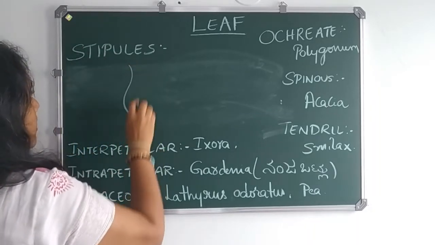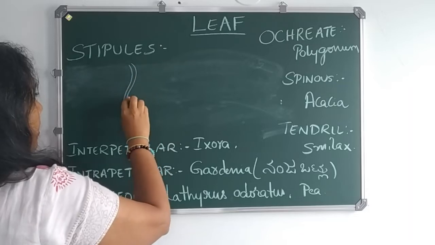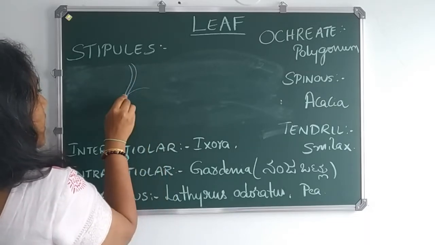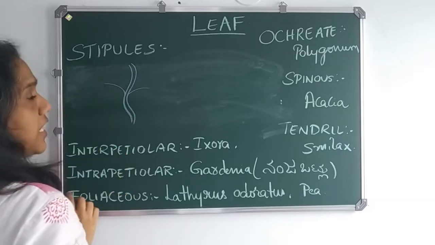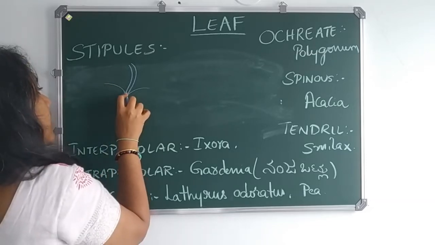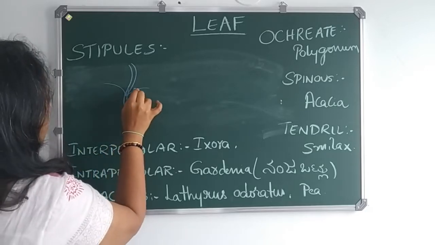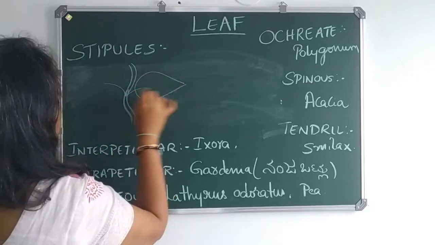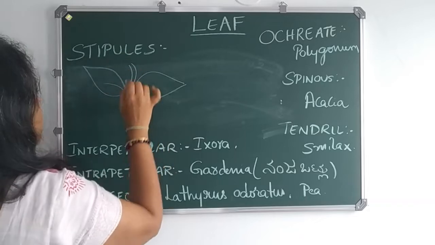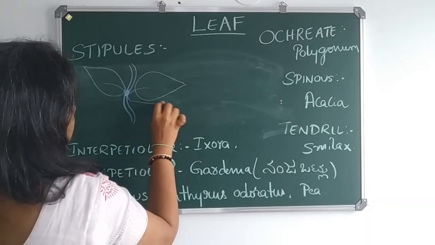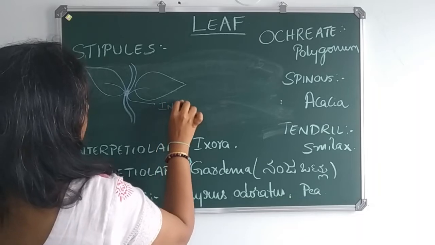If this is the stem, and one petiole is beginning here and one more petiole is beginning here, we will see the stipule here in between the two petioles. Such a stipule is called interpetiolar.